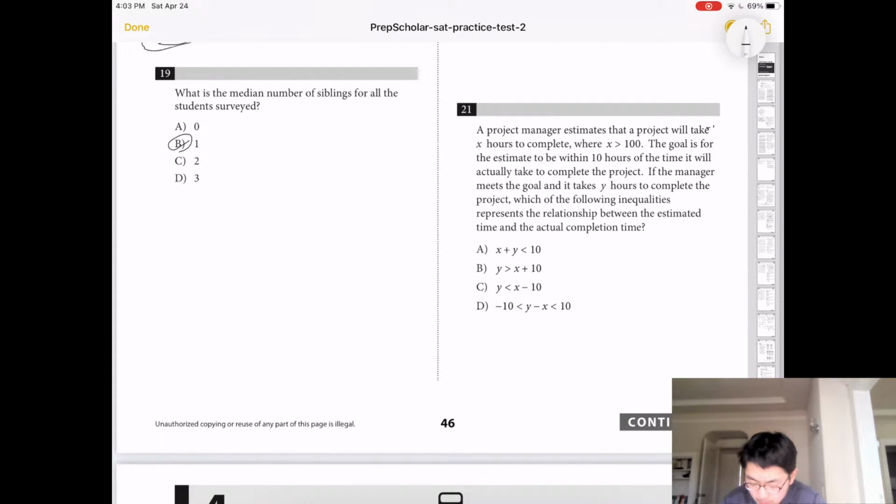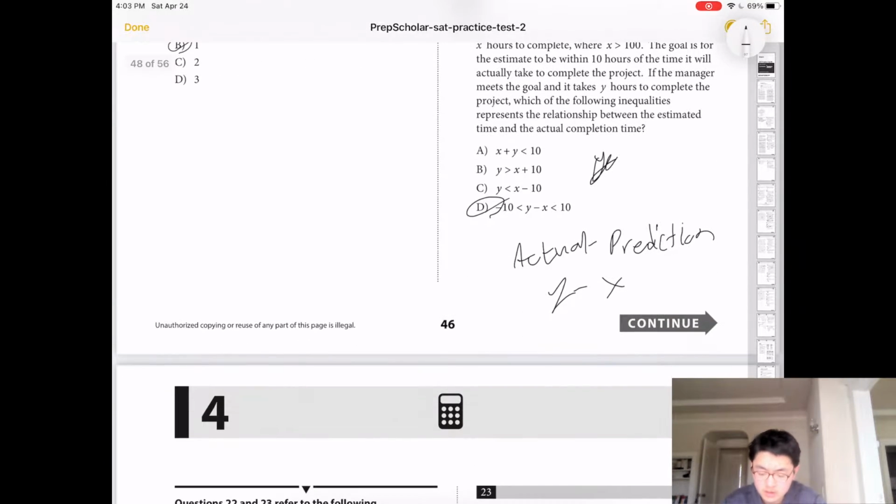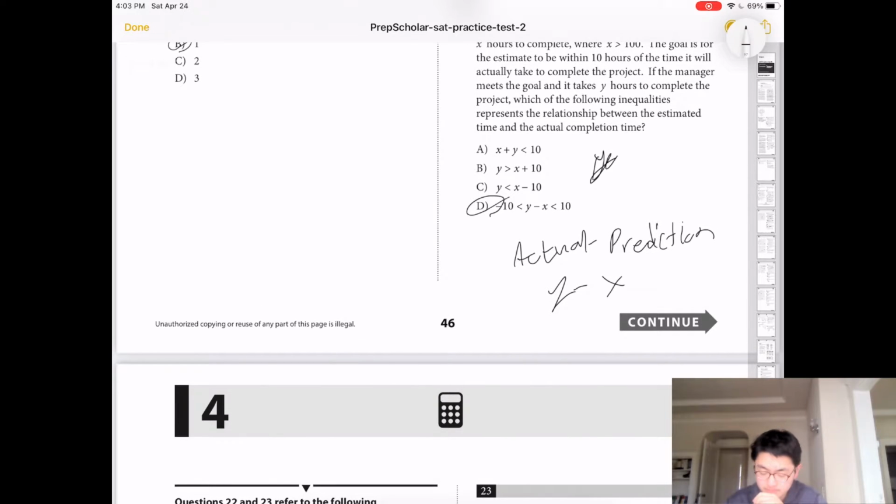So the actual minus the prediction has to be within 10, right? So it's Y minus X has to be within 10. The only thing that matches that is D. For these ones, they just have negative 10 or positive 10, but we need both of them.